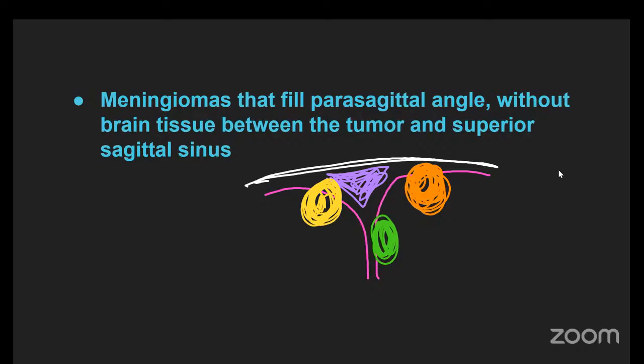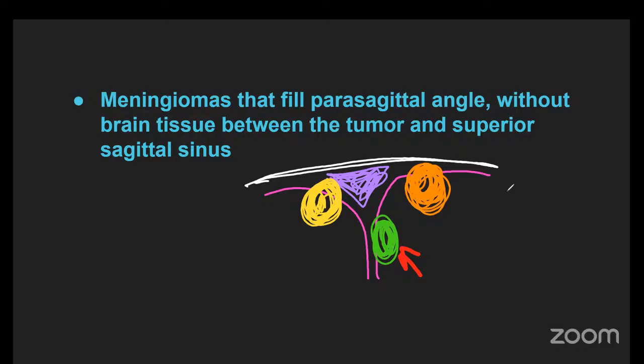We have these three different meningiomas. Now, if I ask you, do you think this one will qualify as a parasagittal meningioma? No. What about the orange one? Also no. Okay, what about the yellow one?